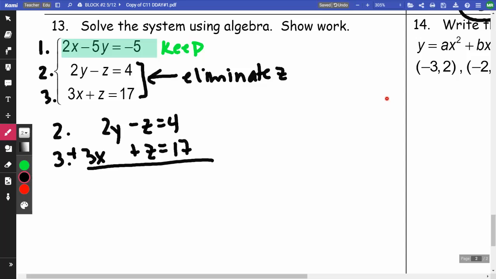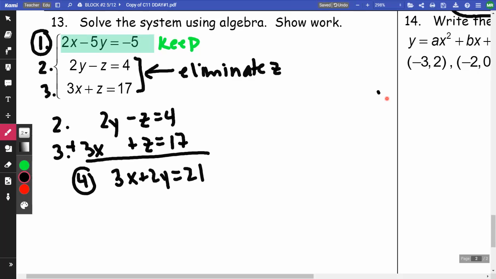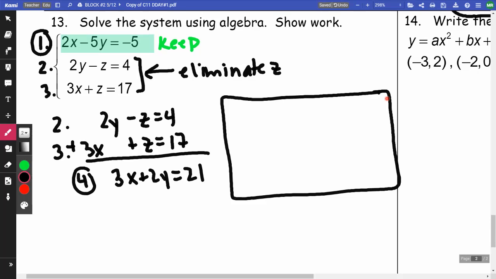My z's are going to cancel like I was hoping, and I'm going to get 3x plus 2y equals 21. This is going to be equation 4. I'm going to use 4 with 1, and that is a system with just x and y. So let me solve that system right here.